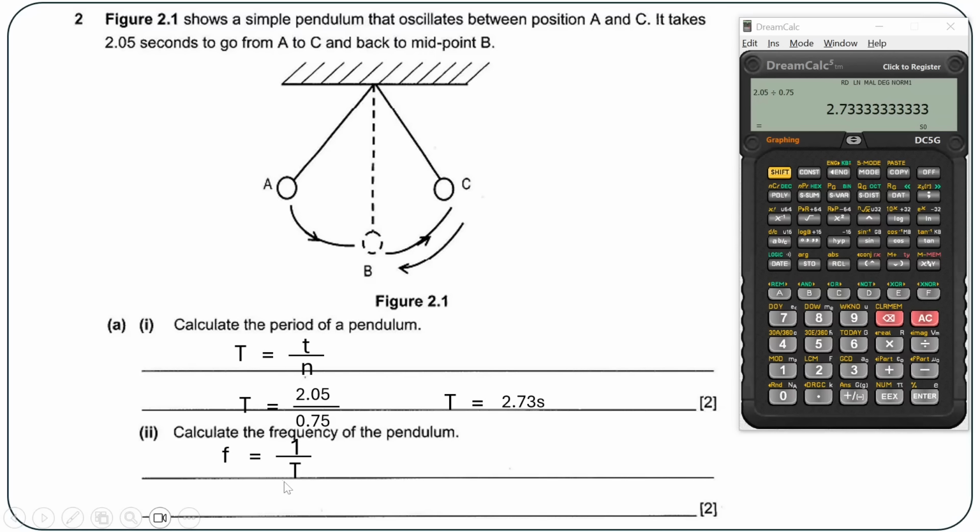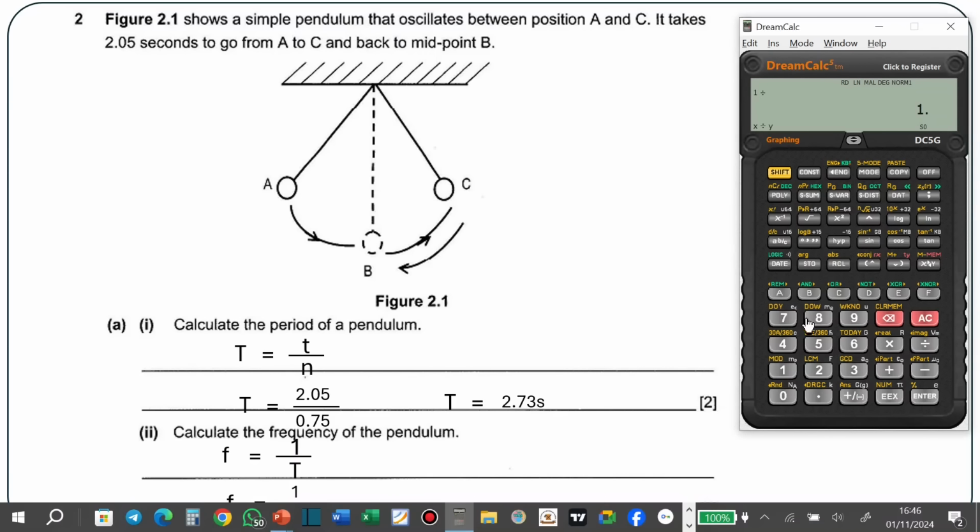In this case we'll use the same period, so frequency equals 1 divided by the period, which is 2.73. You can use that value which was on the calculator, and we get about 0.37. We have just rounded this to 2 decimal places.